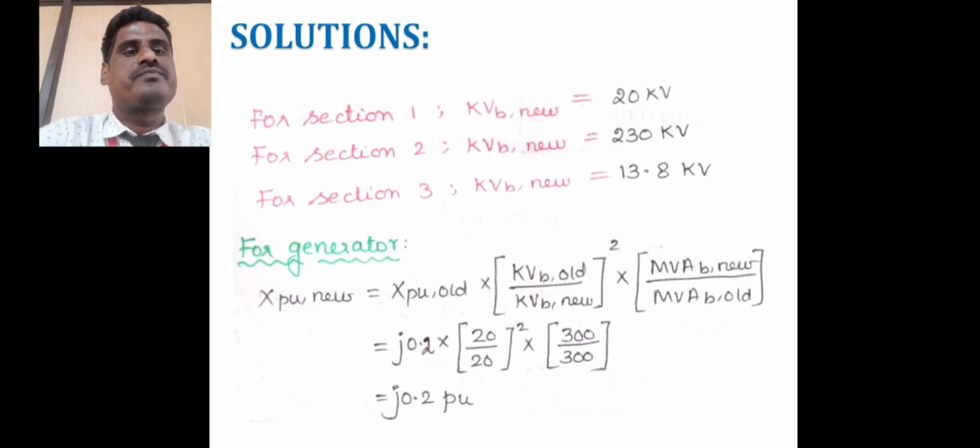Do not confuse the 20 divided by 20: the old value is 20, and the new base value is also the same as the generator value. So, 20 divided by 20 whole square into MVAb new value 300 and MVAb old value 300. So, finally, we get XPU new equal to j0.2 per unit.